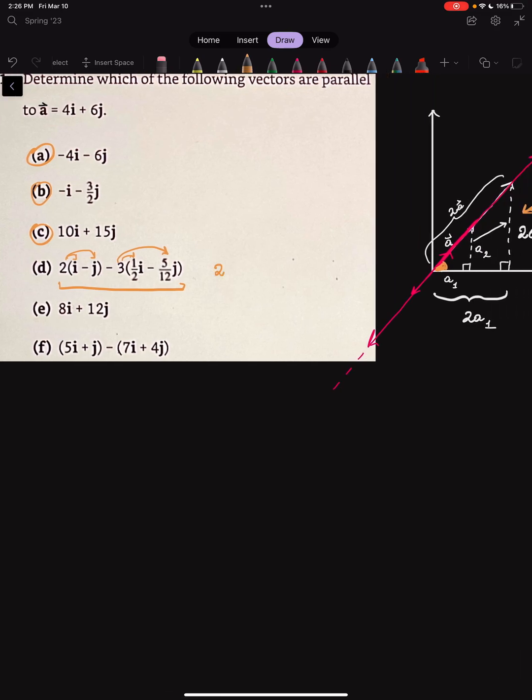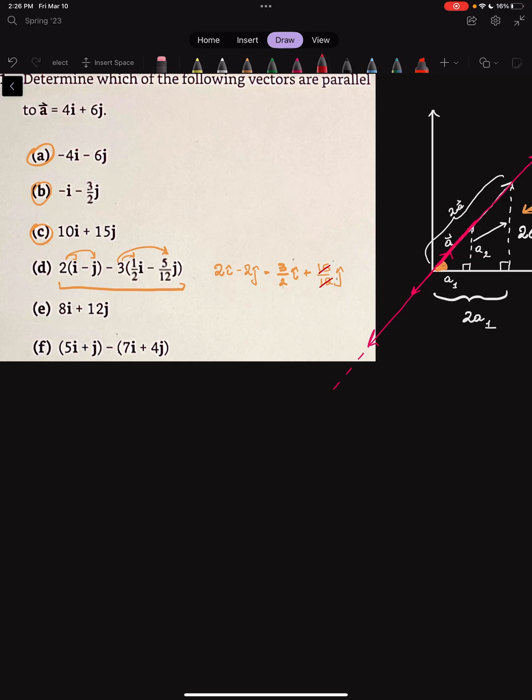So that would be 2 i hat minus 2 j hat minus 3 over 2 i hat plus, okay, let's see, we have 3 times 5, which is 15 divided by 12 j hat. Okay, and then we can simplify this, right?